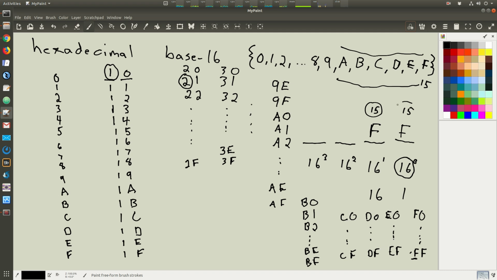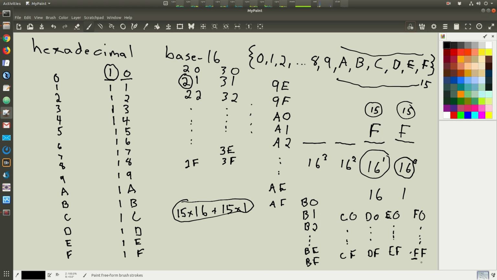So what this becomes then is 15 times the 16s place plus 15 times 1. You add that up, and that is the decimal value of FF.